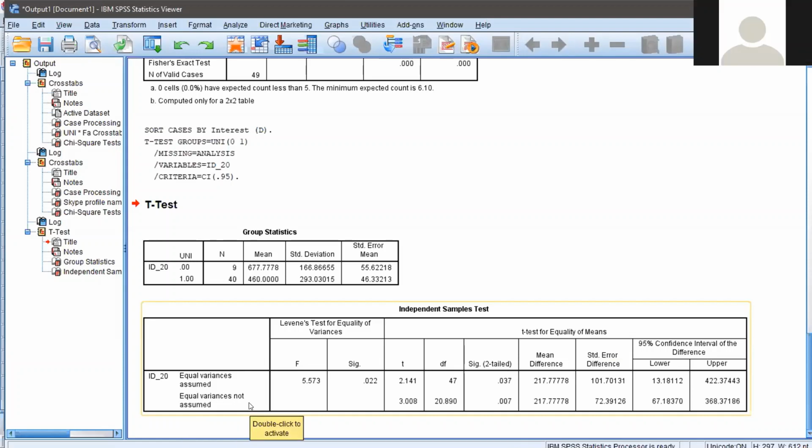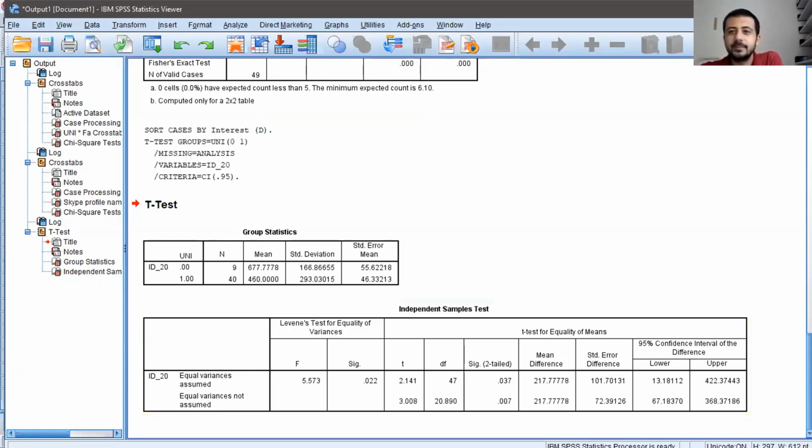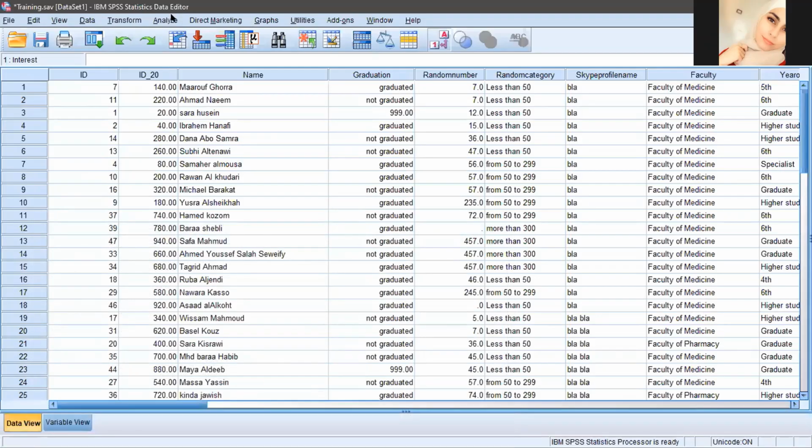Perfect. So what else should I look at before I can take the results of this t-test? We just spoke about them a few minutes ago. Take your time. You mean the assumptions?